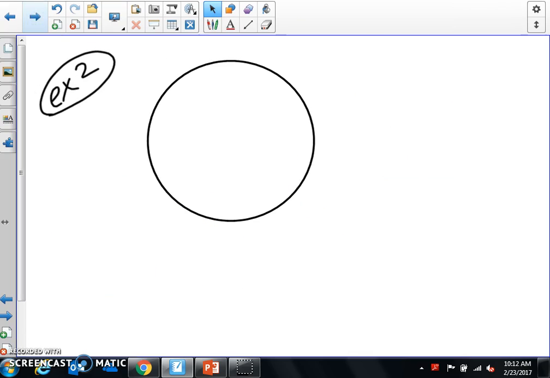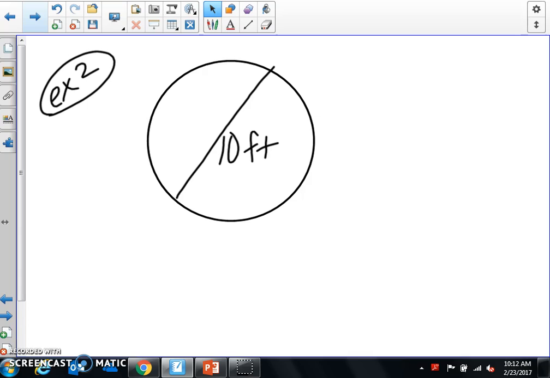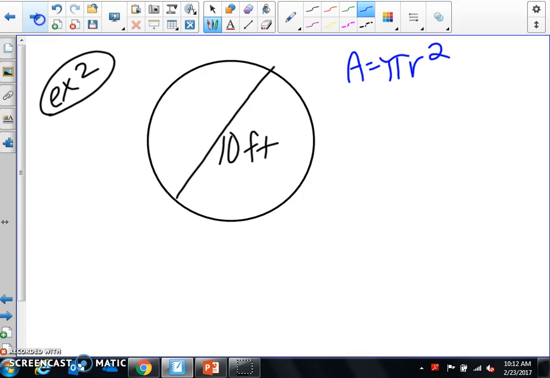Alright, let's say that they give us the diameter and it's 10 feet. How about that? Alright, so I start with my area formula. The area is pi r squared. The problem is they gave us the diameter. They didn't give us the radius. So immediately I need to say, okay, the radius is equal to the diameter cut in half, which is 10 over 2, therefore it's 5. Okay? So now, let's go ahead and start plugging things in.